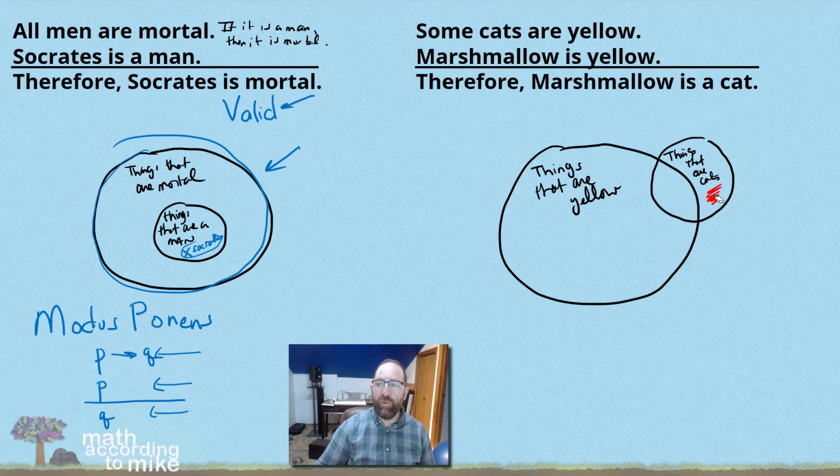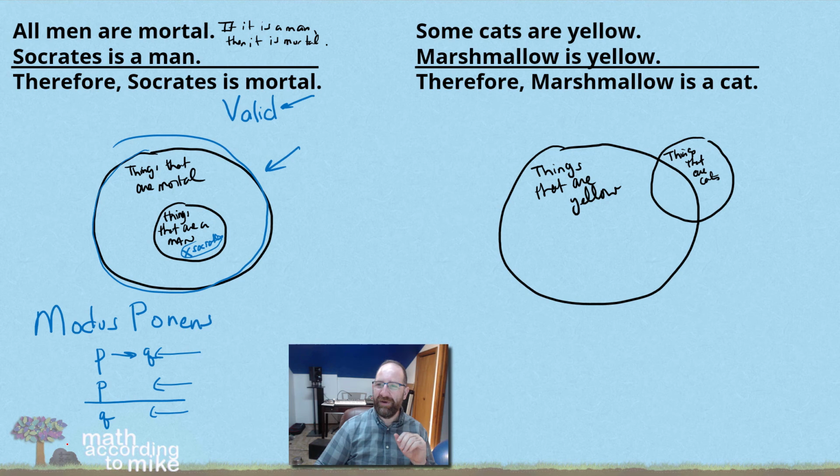So if you have the word all, you have one circle inside the other. If you have the word some, you have one circle partially overlapping the other. If you have the word none, you have two disjoint circles. That's how that plays out. That should cover pretty much all the problems.